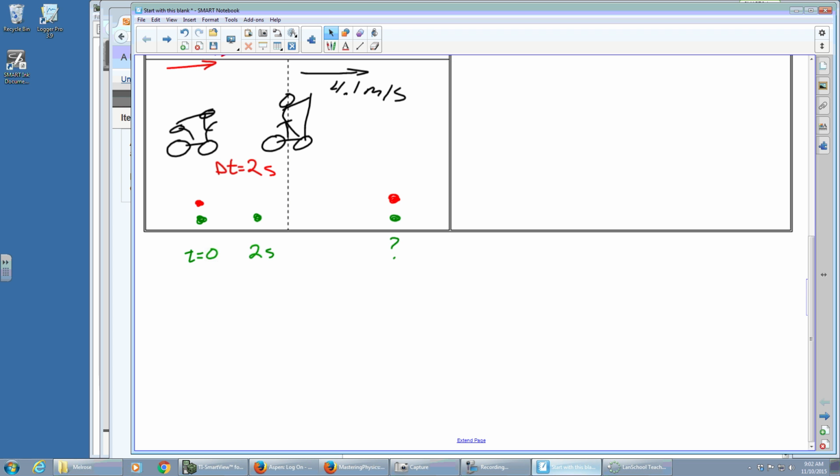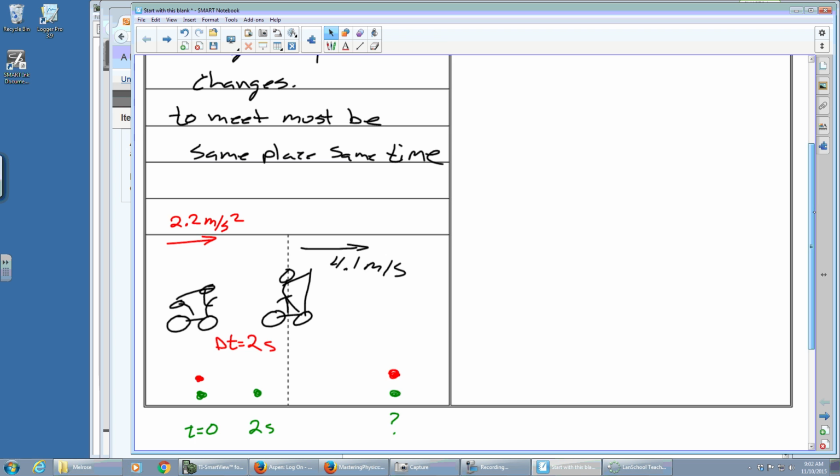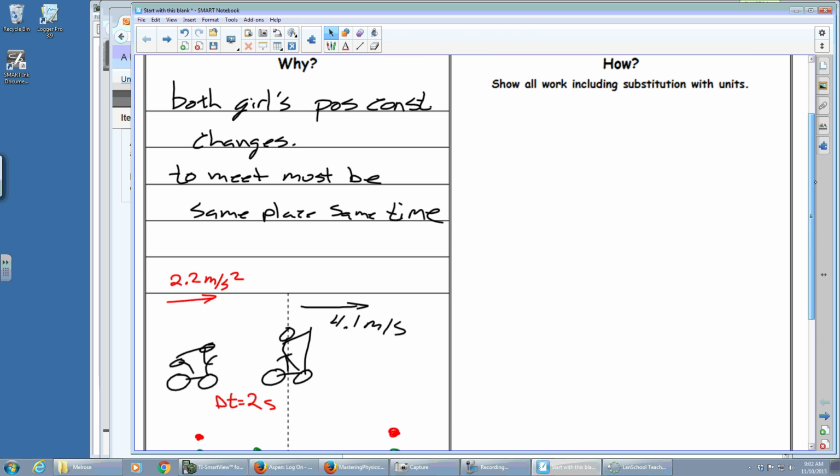So let's look at two ways. Let's look at your friend. So your friend, and we're going to use d equals d naught plus v initial delta t plus 1/2 a delta t squared from our equation sheet, right?